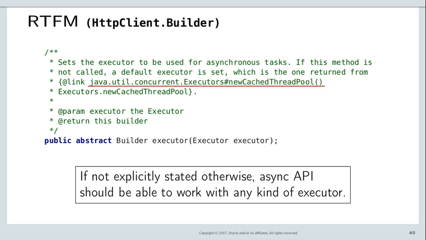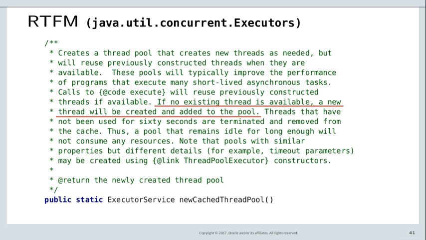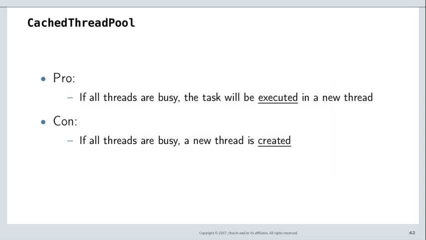Honestly, it wasn't a very good choice for default executor, because the cached thread pool has some advantages and disadvantages. The biggest advantage of the cached thread pool is also its biggest disadvantage.